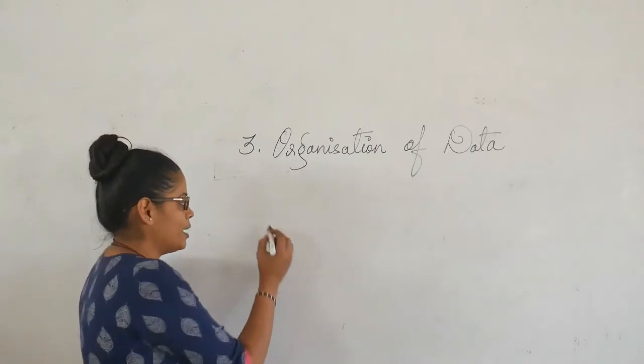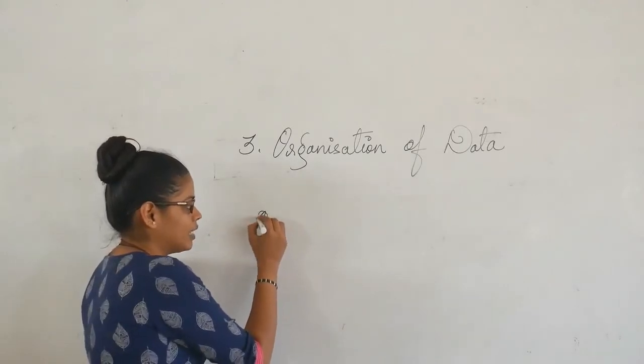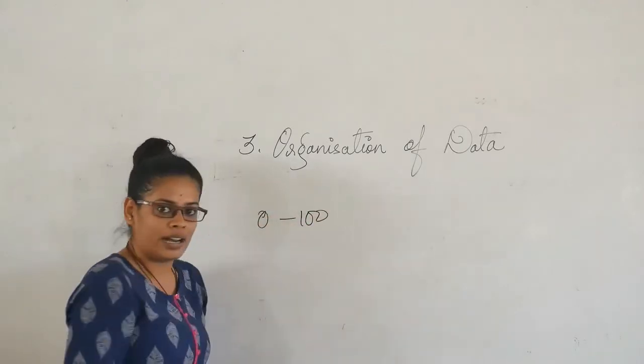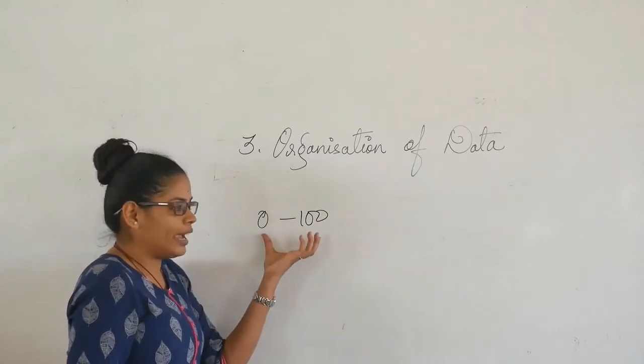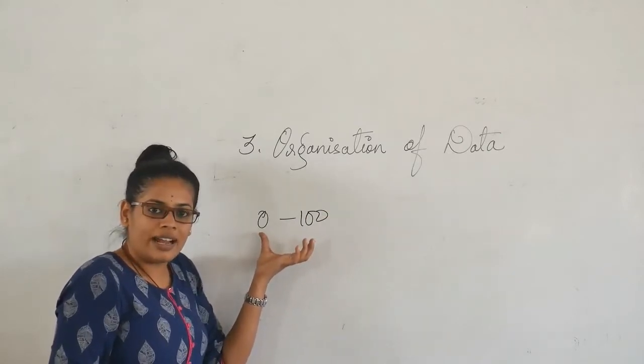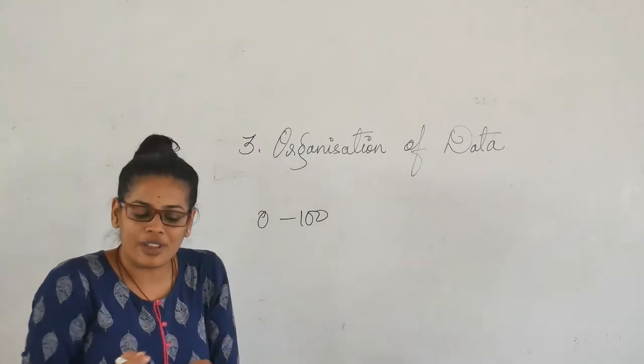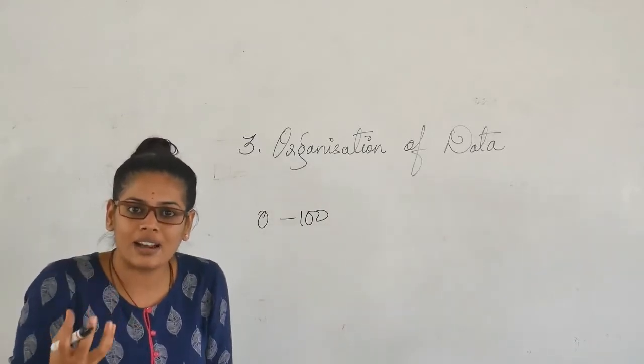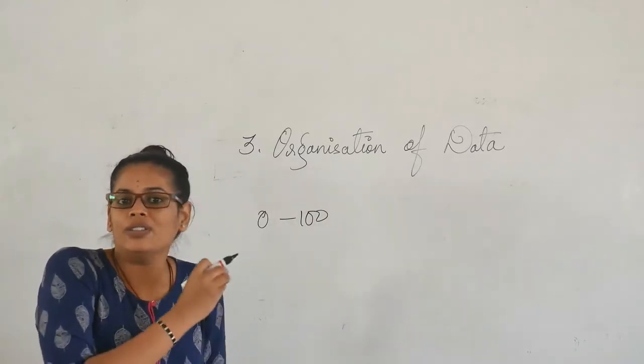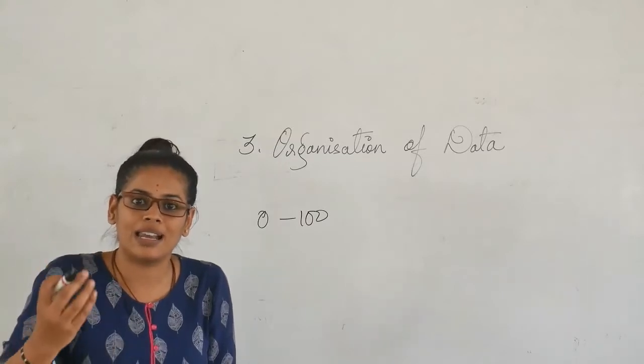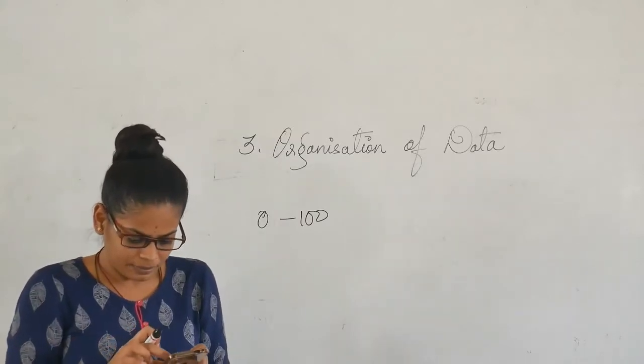So minimum marks will be 0 and maximum will be 100. We know how our raw data is, and depending on this, we decide which will be our lower class limit.